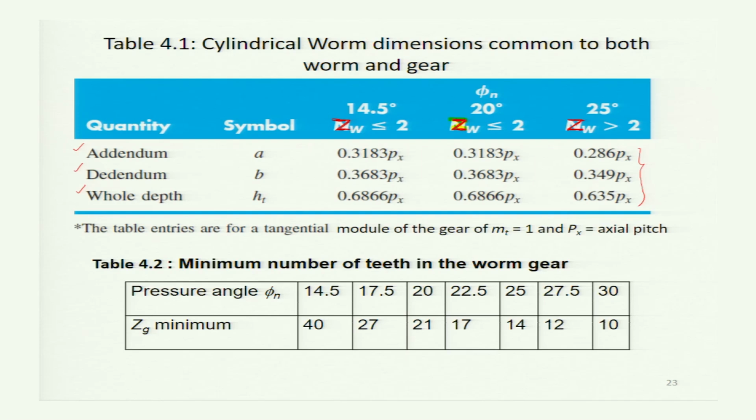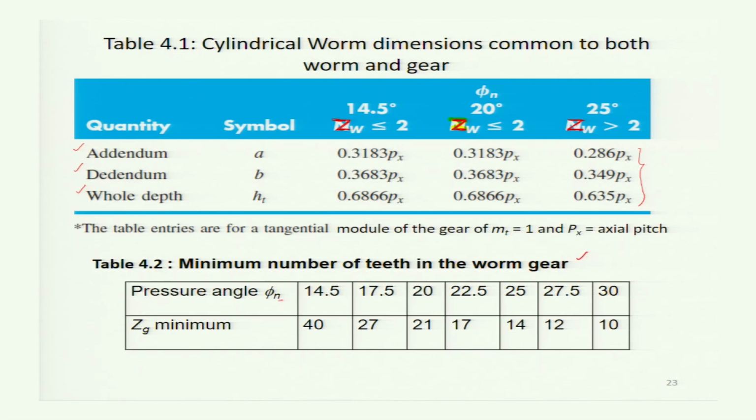Cylindrical worm dimensions common to both worm and worm gear are given here, and we studied this in our previous class also. In addition, table 4.2 gives the minimum number of teeth in the worm gear. What should be the minimum number of teeth to avoid interference?